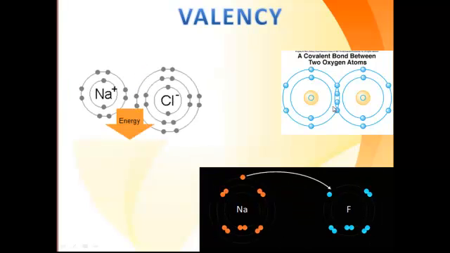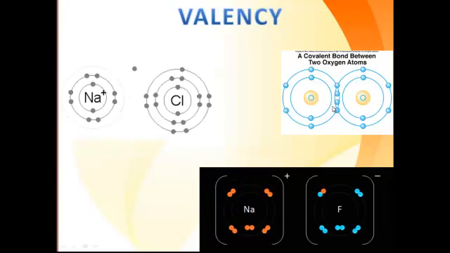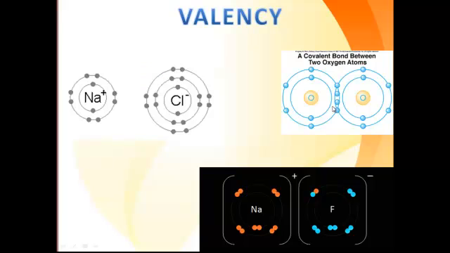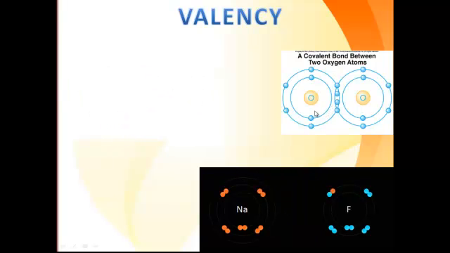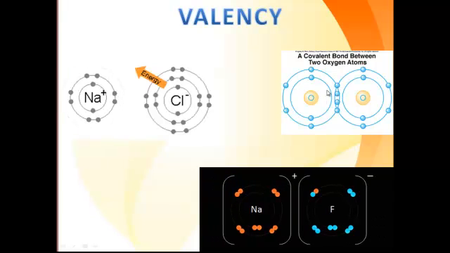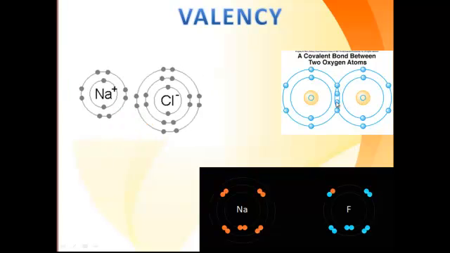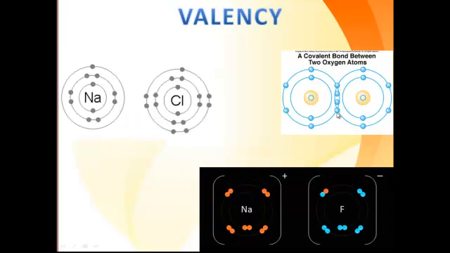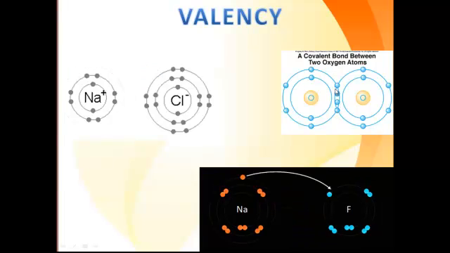The second example, formation of an oxygen molecule. During formation of the oxygen molecule, each oxygen atom shares 2 electrons. This atom shares 2 electrons and this atom shares 2 electrons. These electrons are called valency.